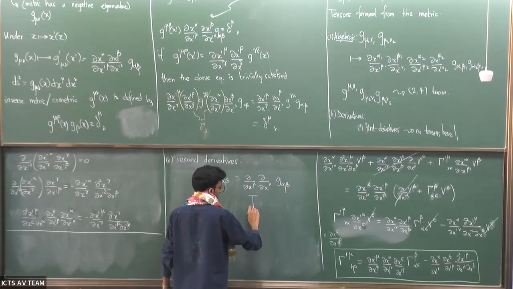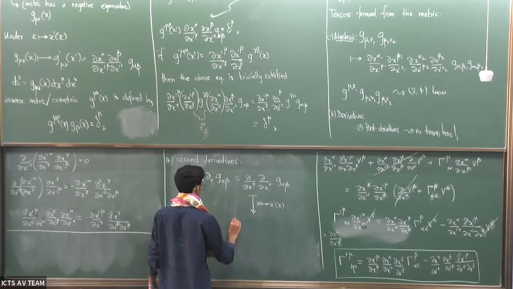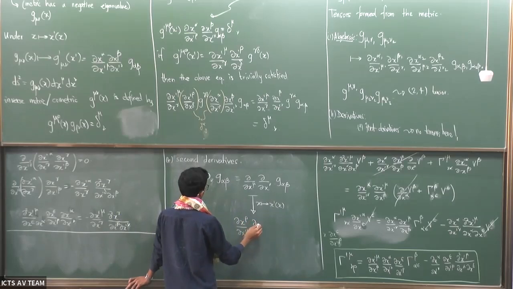So this under x going to x prime of x transforms as what? It transforms as del x over del x prime mu. What do I call it? Rho, del over del x rho.